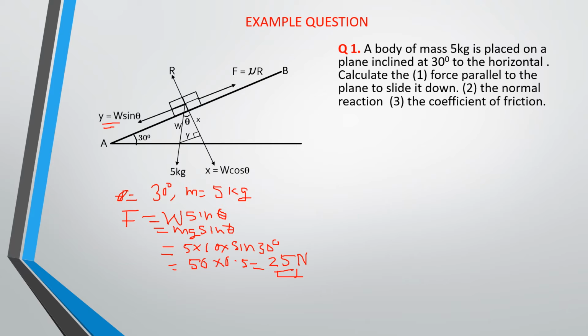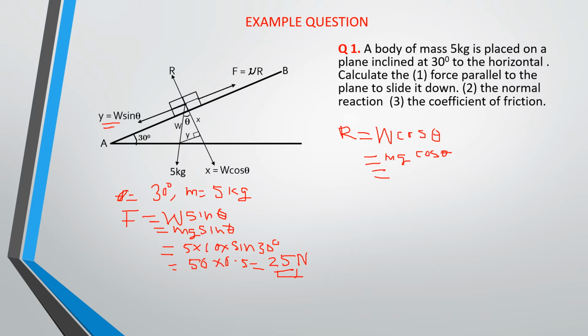Right, so number 2 says the normal reaction. Normal reaction, we said that the normal reaction R is equal to what? W cos theta. That's what we said. That was what we arrived at, or what we discussed initially. So this will be equal to mg cos theta.